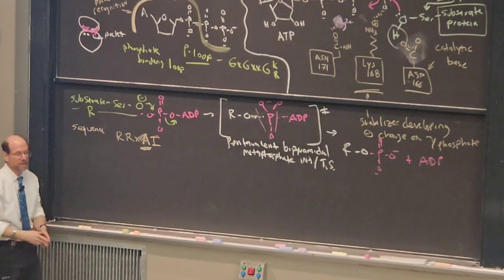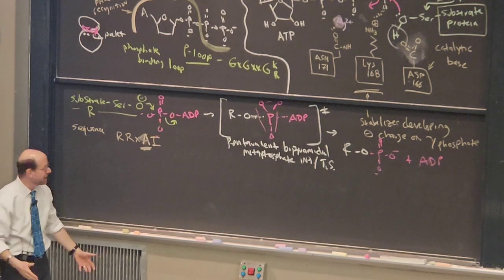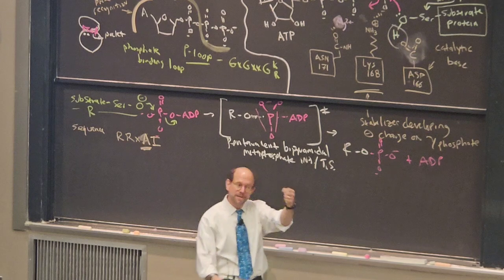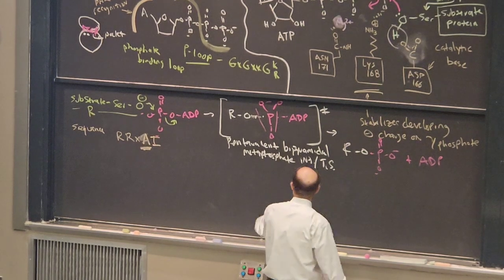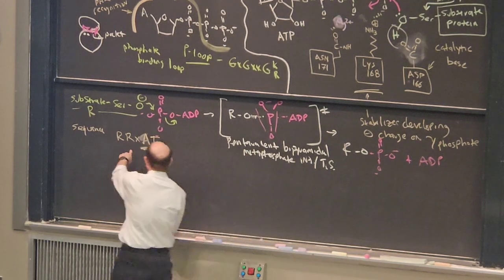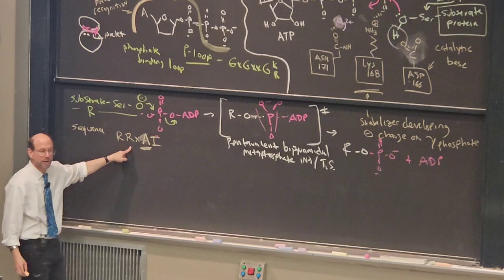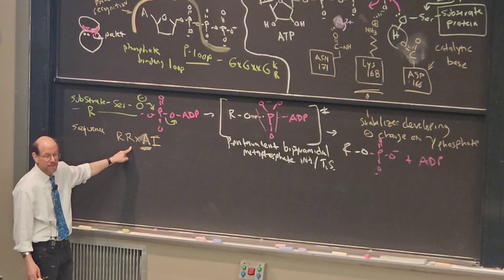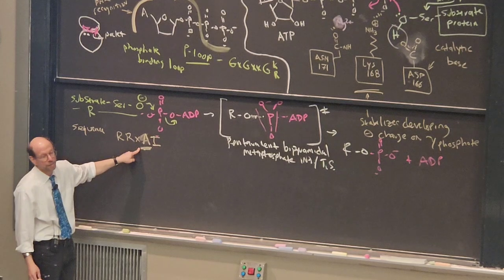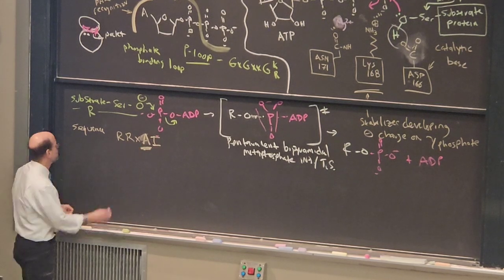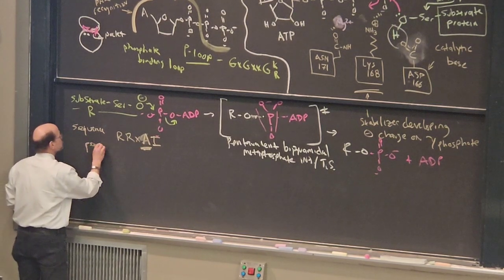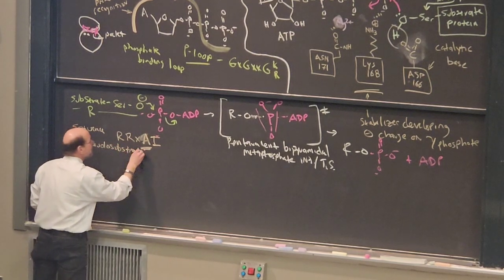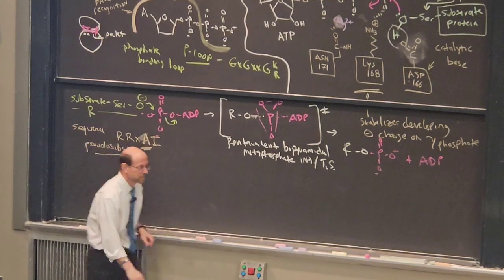Now that looks pretty much like a good substrate, right, for PKA, except alanine is just a methyl group. Serine, you remember, is a methyl group with an OH group. Would this bind tightly to PKA? Sure it would. It's got almost everything it needs to bind. It matches the consensus sequence. Will it be phosphorylated? No. This is an example of a pseudo-substrate. It can bind, but it cannot be phosphorylated.